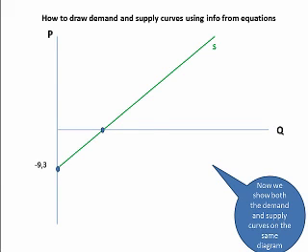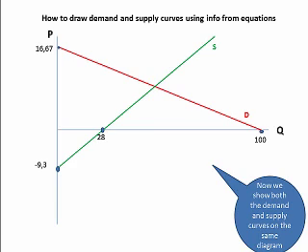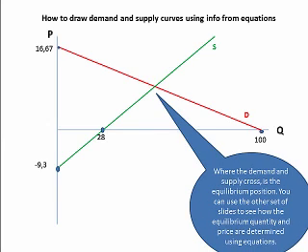Now we show both the demand and supply curves on the same diagram. There we add the demand curve that we previously drew. Where the demand and supply cross is the equilibrium position.